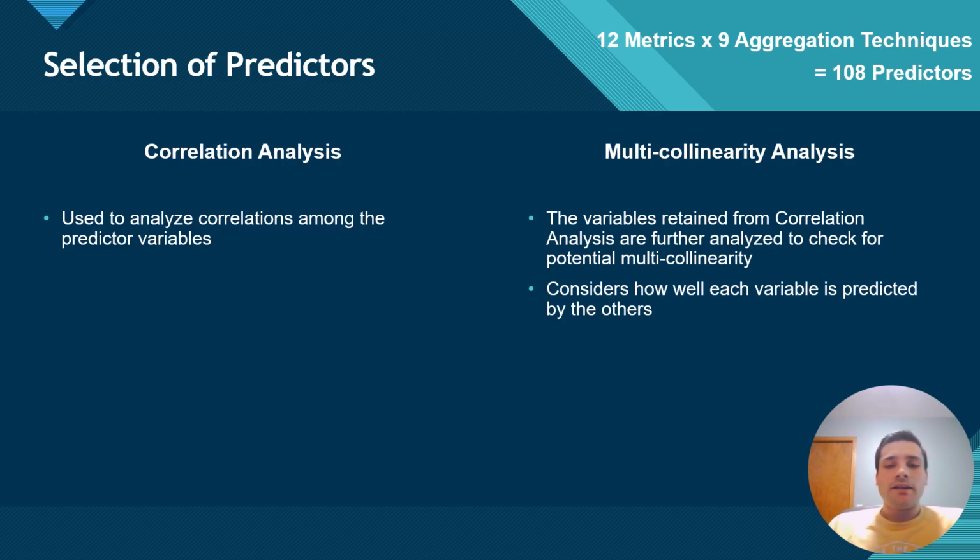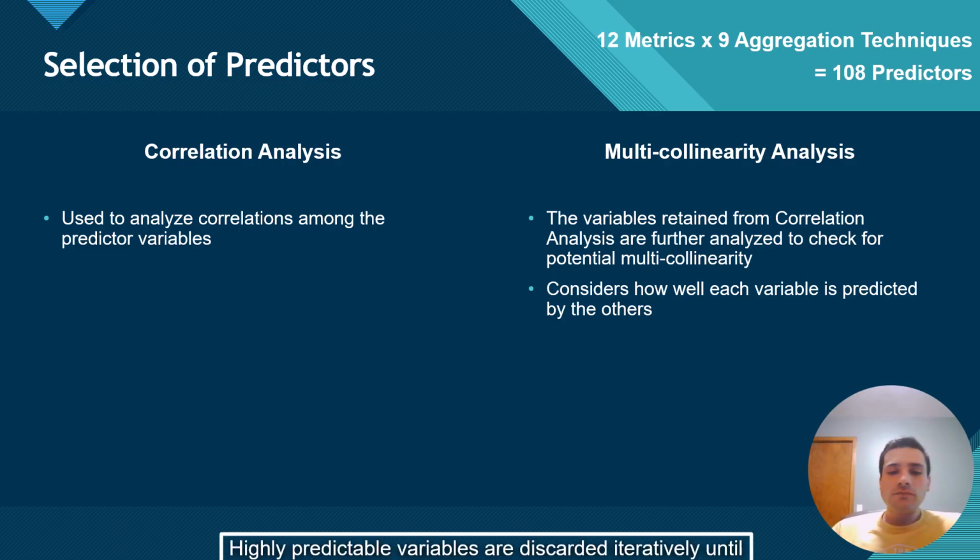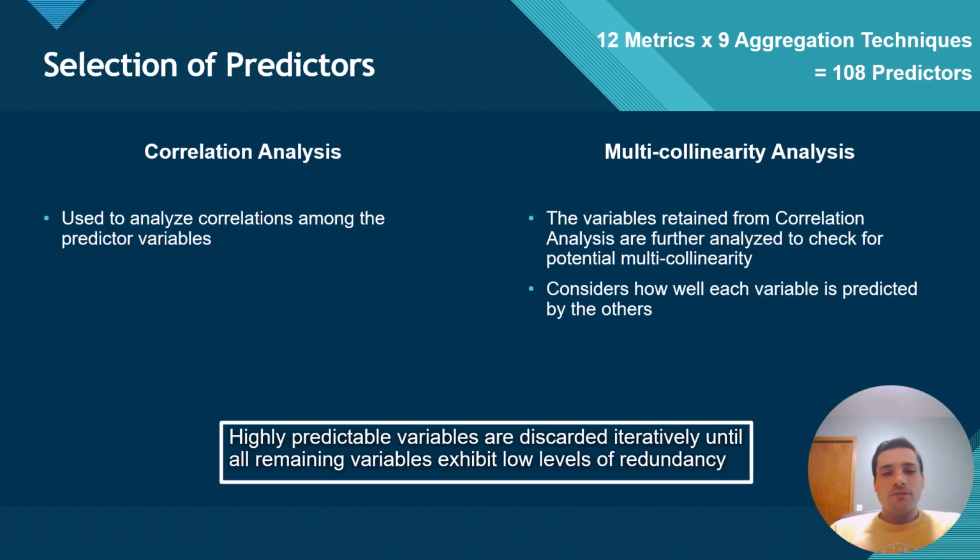And then from there, the variables that were retained from that analysis were then further analyzed to check for potential multi-collinearity. And this multi-collinearity analysis considers how well each variable is predicted by the others. So essentially, with this process, highly predictable variables were discarded iteratively until all the remaining variables exhibited low levels of redundancy.